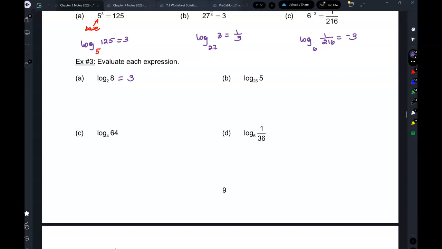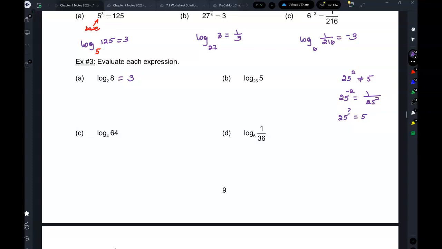What exponent of 25 gives you a 5? Okay, so 25 squared is not 5, so that's not it. 25 to the negative 2, that's 1 over 25 squared. That's not it either. What I'm looking for is 25 to the power of what gives me 5.